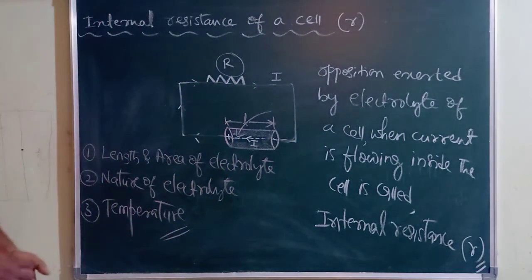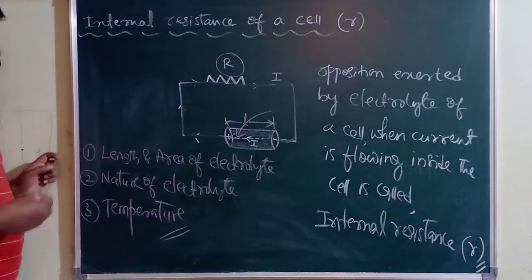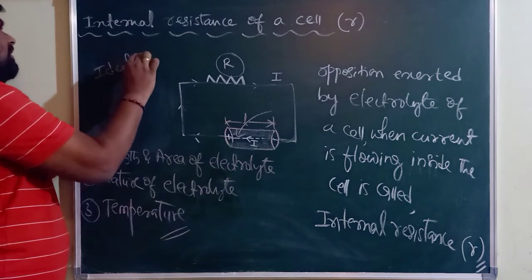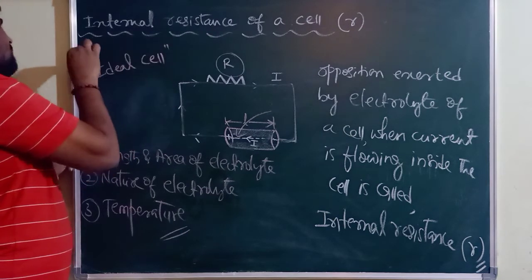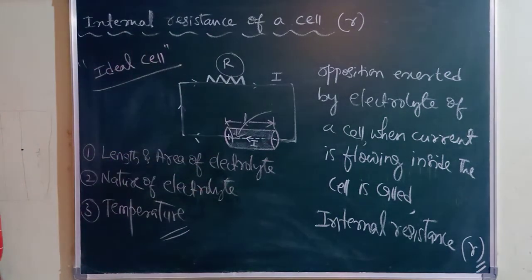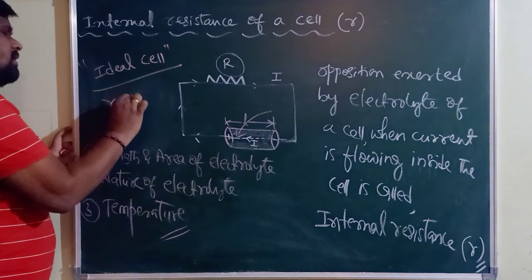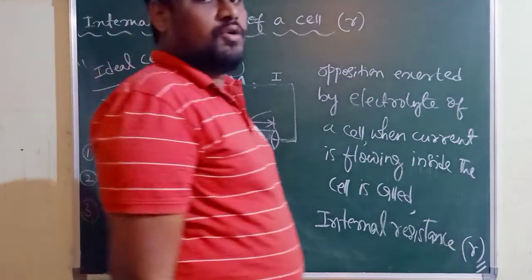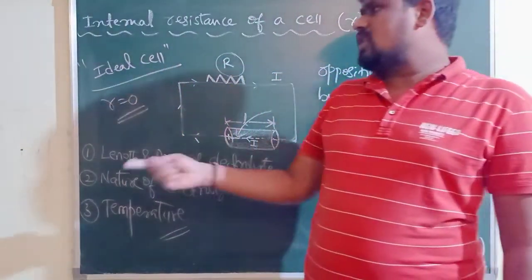One more thing, it's very difficult to have an ideal cell. Practically no cells are ideal. For an ideal cell, the internal resistance is 0. I am talking about a theoretical cell.